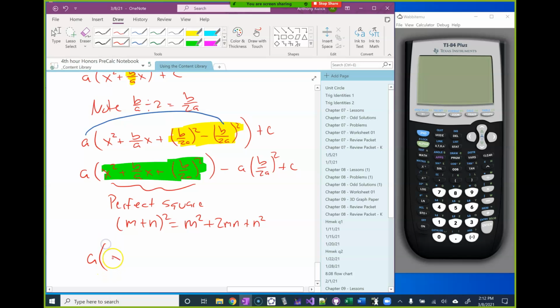So it's just going to factor down to (x + b/2a) squared on the outside. And then I have all this other junk left over. And we're done. Okay, so that's just a little aside.